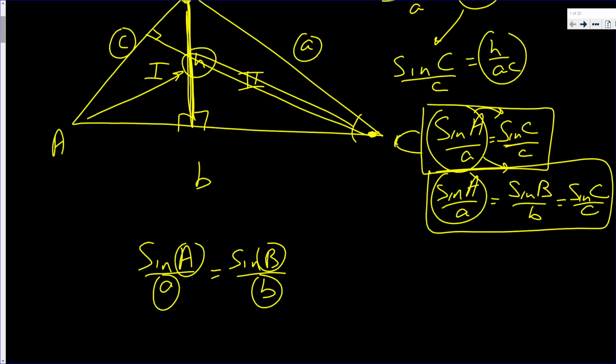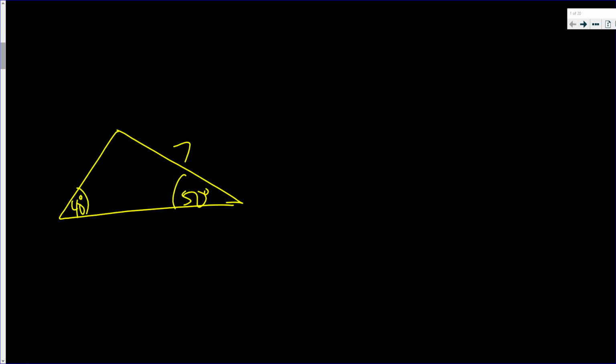So let us do some problems like that. Suppose you have this triangle and you are given that this angle is 40 degrees, this angle is 50 degrees, 7 and x. And you're asked to find x.